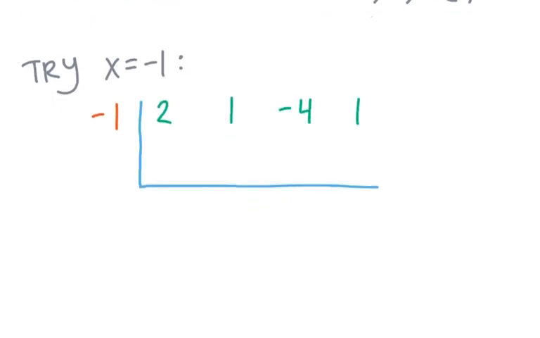We've practiced synthetic division quite a bit by now. And to run through that process, I always drop the first number, multiply that result by the -1 out front, which gives us -2. So we'll add down that column. 1 plus -2 is -1.